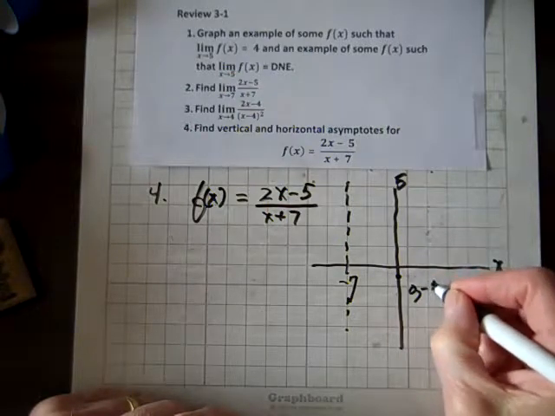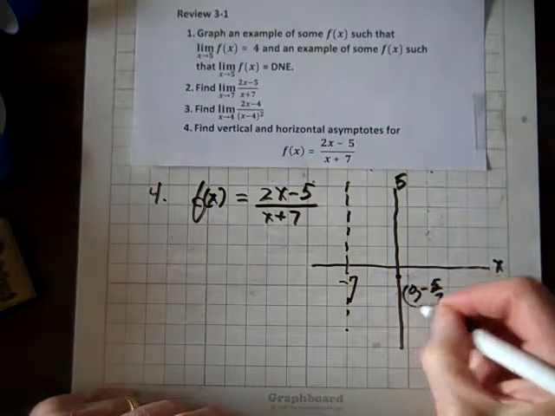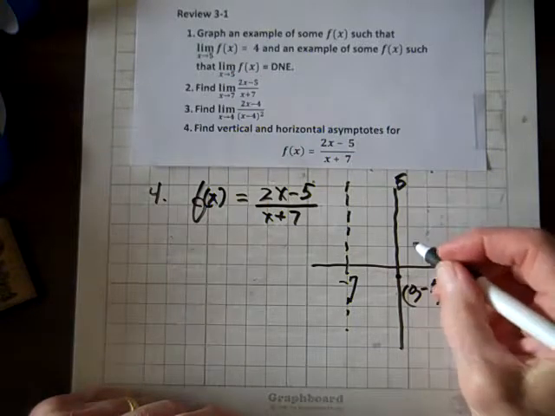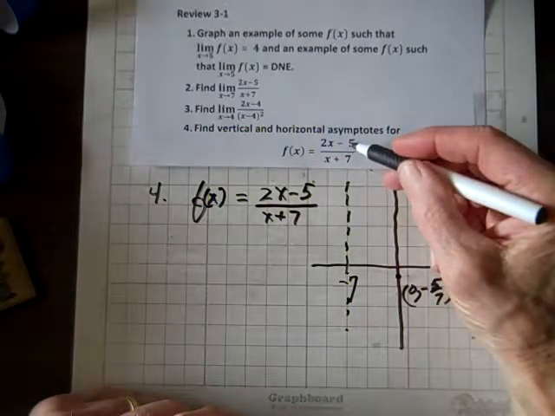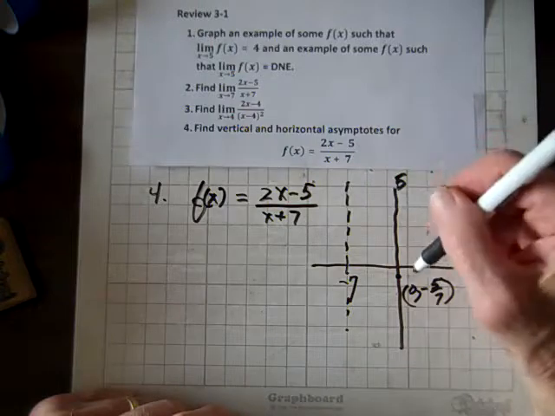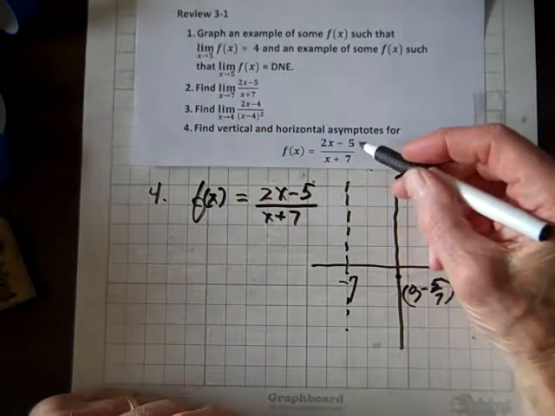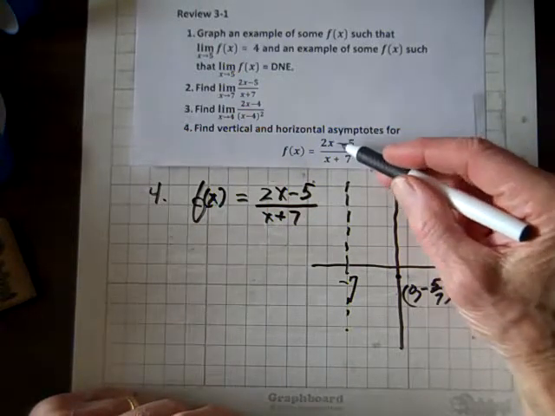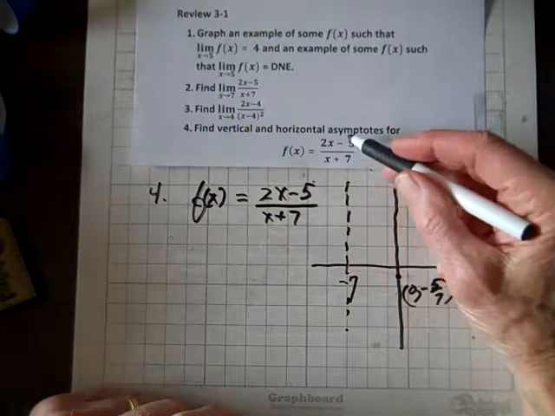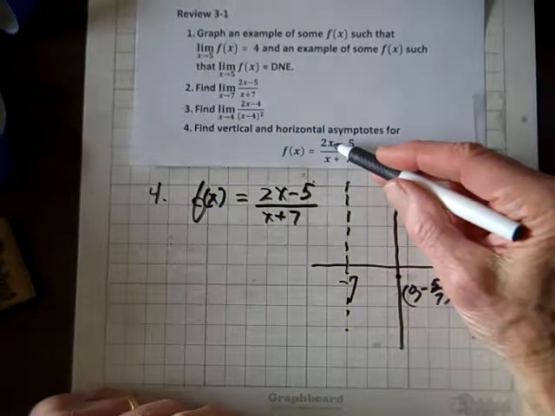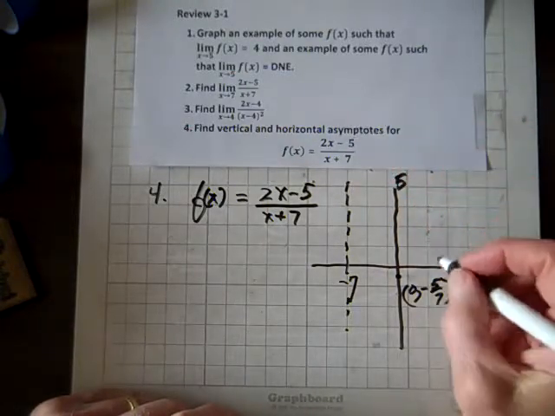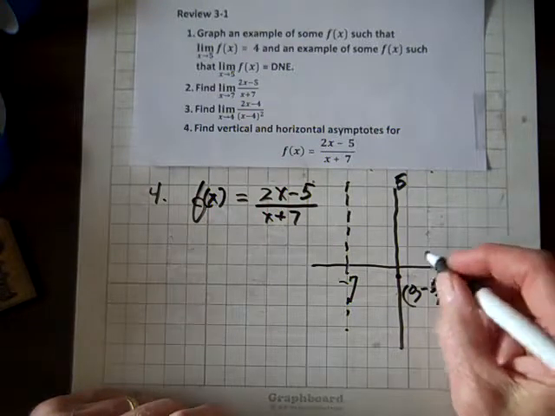And there is an x-intercept at 0, -5/7 for the y-intercept. What will take this to 0 for the x-intercept? I would say 5/2 will, correct? You check it out. 5/2 is 2.5.